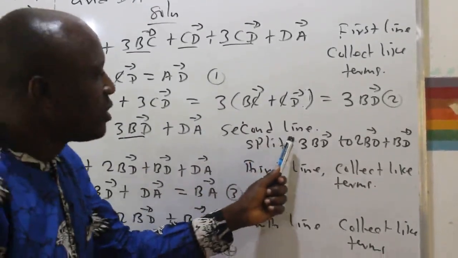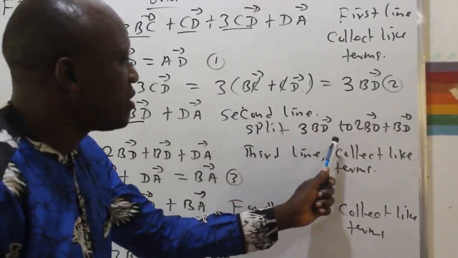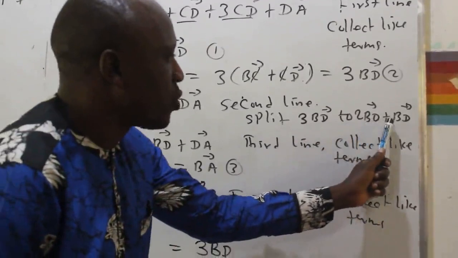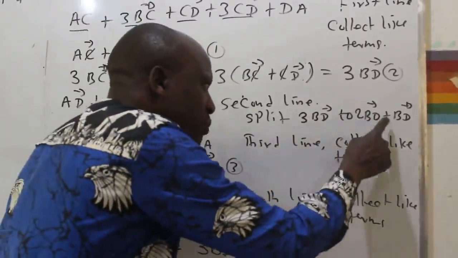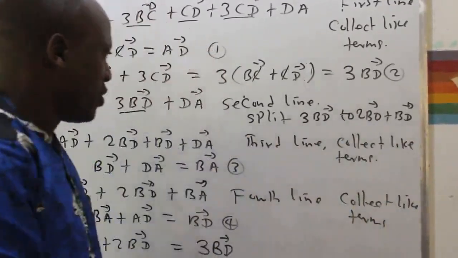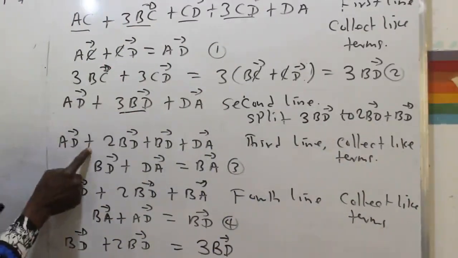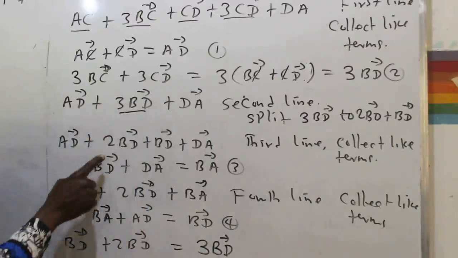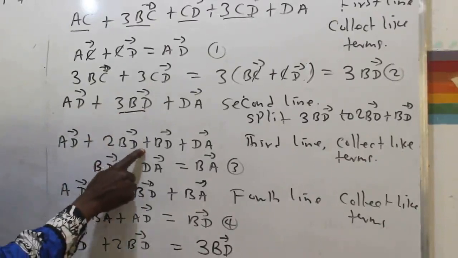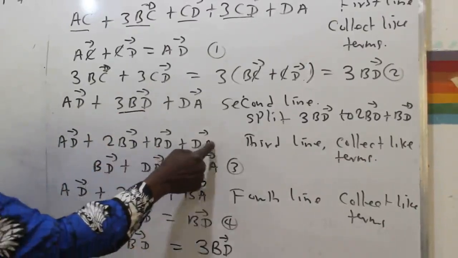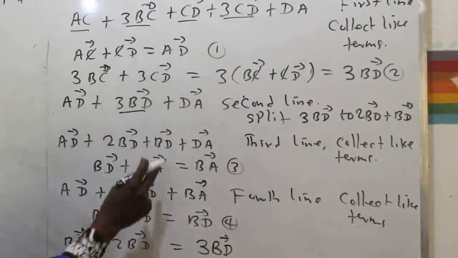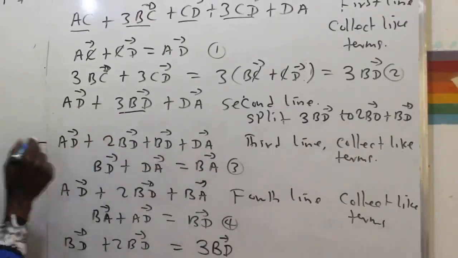Instead of 3BD, you write it as 2BD plus BD. 2BD plus BD is 3BD. So this is AD plus 2BD plus BD plus DA. This is our third line.